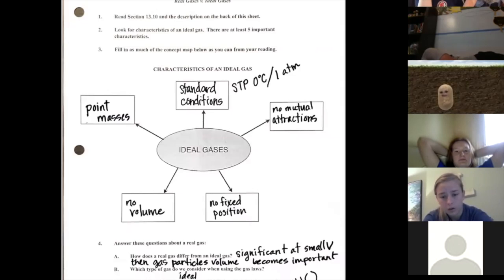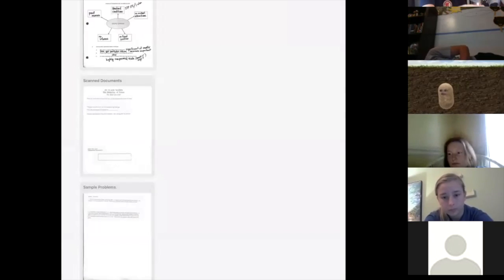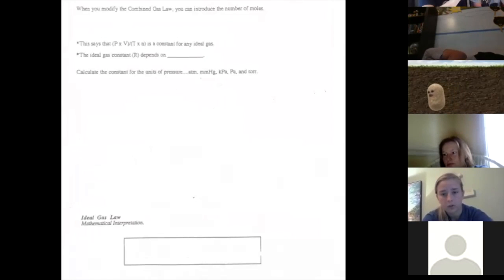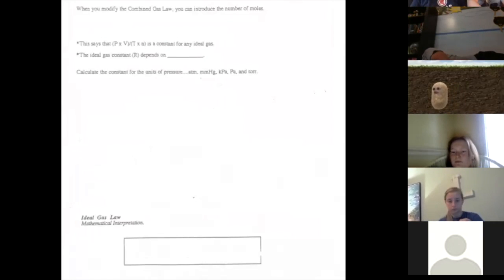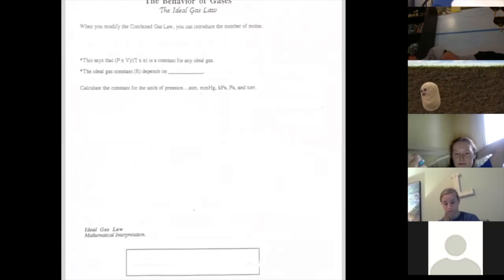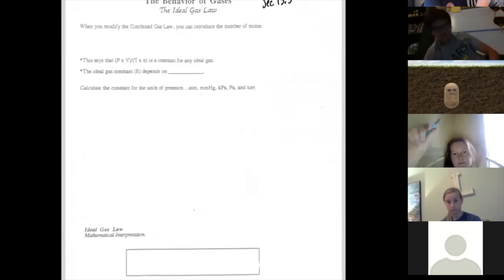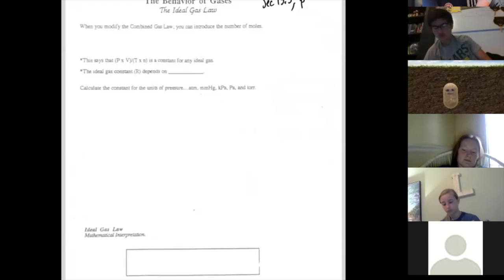Okay, let's go to the other sheet, the ideal gas law, this one. We'll talk through this. This one is from section 13.5 in your book, which starts on page 415.